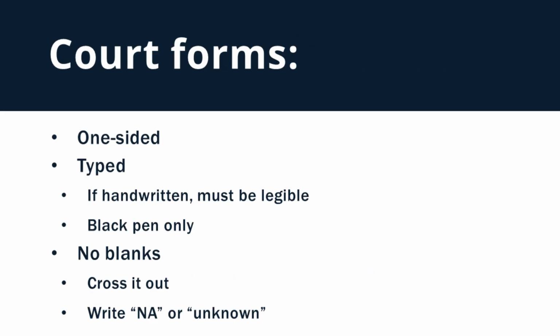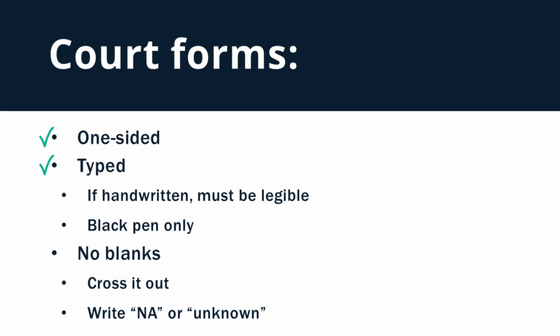Okay. Here's some important information on filling out court forms. When printing and saving court forms, all documents must be one-sided. This is because they're scanned and saved electronically, and anything on the back will not be scanned or filed with the court. All of our forms are fillable PDF files, and they can be typed.